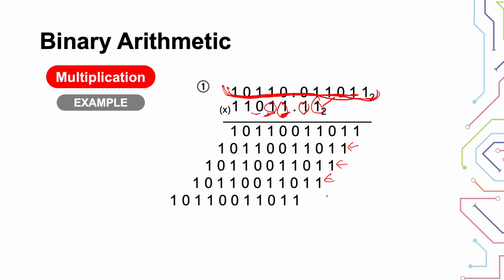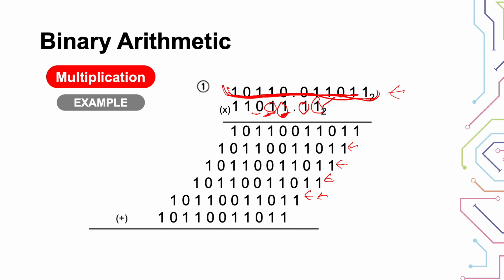Bakit dalawa? Kasi 0 times this number is still 0. Then may dalawa pang igayahin natin. Isa na lang pala. Okay. So ito na yung setup natin.